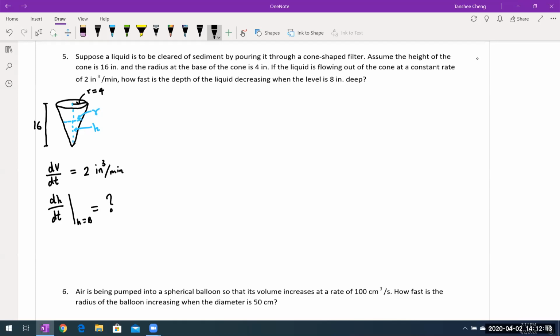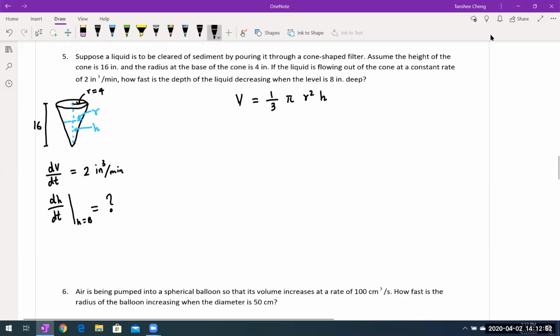That's the question mark right there. Okay? So that's what we are looking for. Since the rate of change in volume is given, to find the rate of change in the height, we need to use the related formula for those two, which is the volume of a cone formula. The volume of a cone is 1/3 pi r squared h.